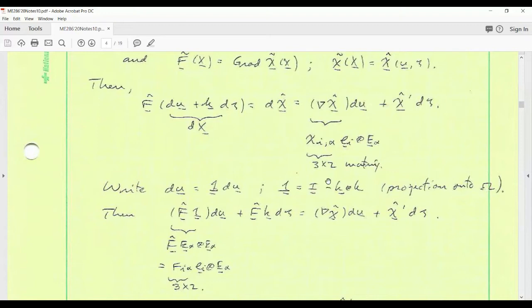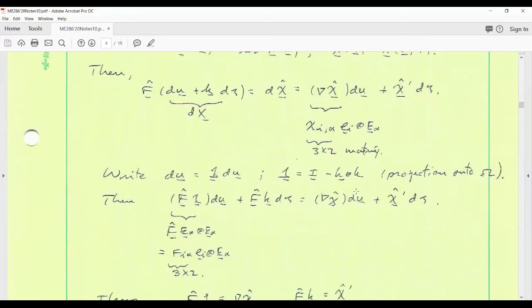The projection is three-dimensional identity minus k tensor product k, where k is the normal to the midplane. Okay, so u is a vector in the plane. Du is also in the plane, so it's equal to its own projection, and that will help me to figure out what f has to be by comparing both sides here.